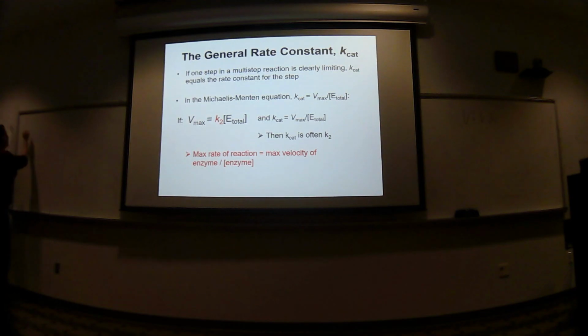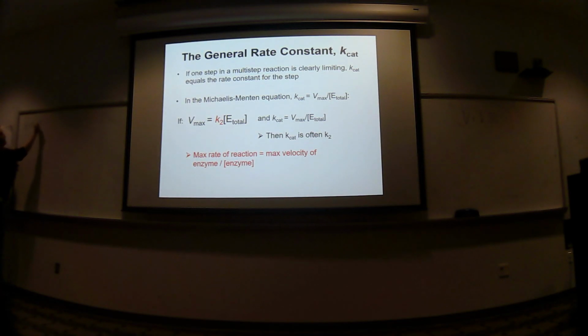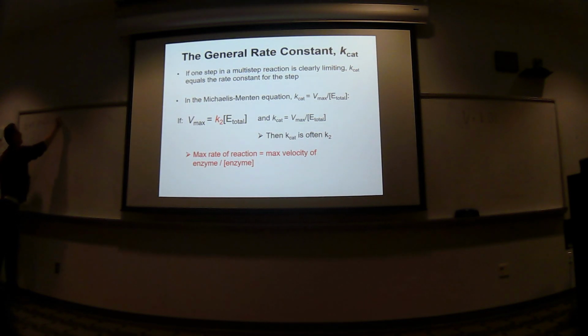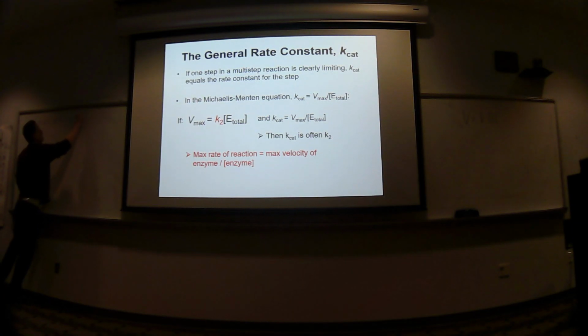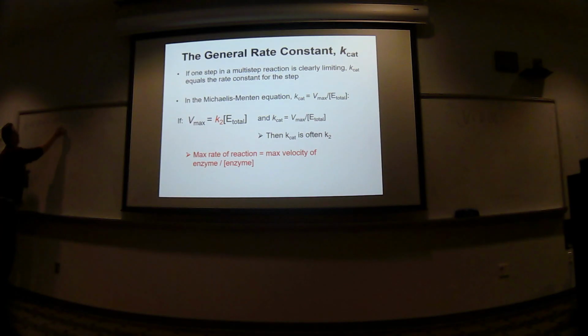If we're interested in this, E plus S to make ES, to make EP, to make E plus P. If this is the chemical reaction taking place, then we want to look at the rate of going from ES to EP, which means that what we're looking at is the velocity is equal to the rate multiplied by the concentration of ES.